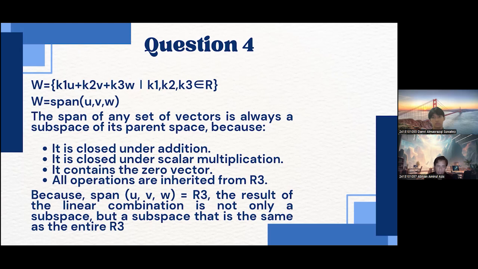This means it has closure under addition, closure under scalar multiplication, and contains the zero vector, with the operations inherited from R3. Because the span of U, V, and W is equal to R3, the result of the linear combination is not only a subspace, but a subspace that is the same as R3.